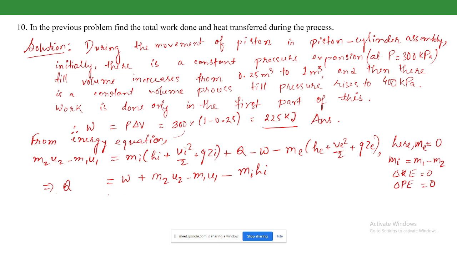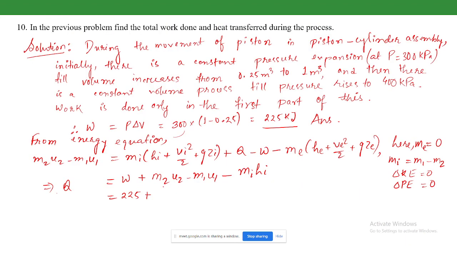So what are the values? It is 225 kilojoule plus, considering the air to be an ideal gas, we'll just consider u to be CvT and h to be CpT. So what is the final mass?